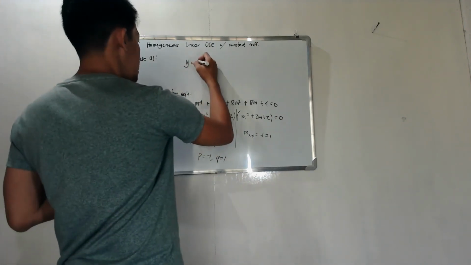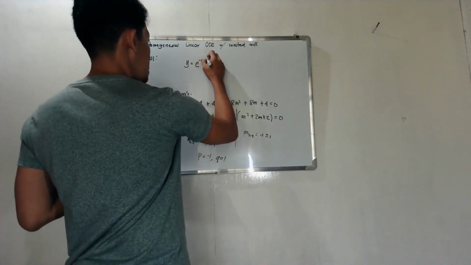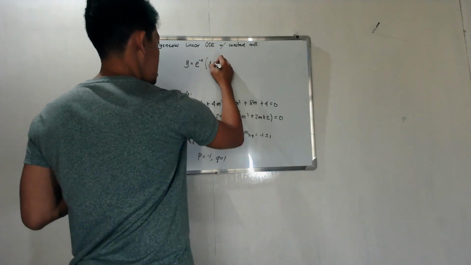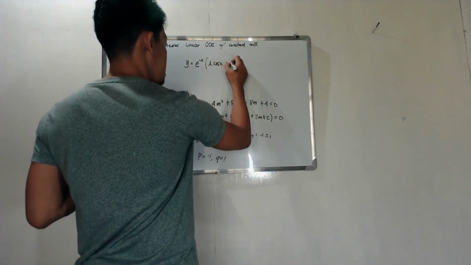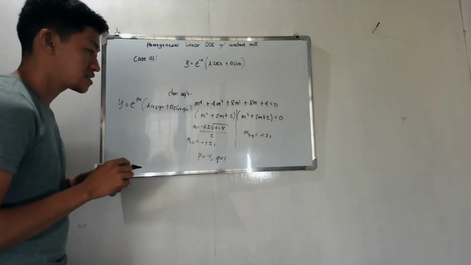Okay, so you have e to the -x, a cosine x plus b sin x.